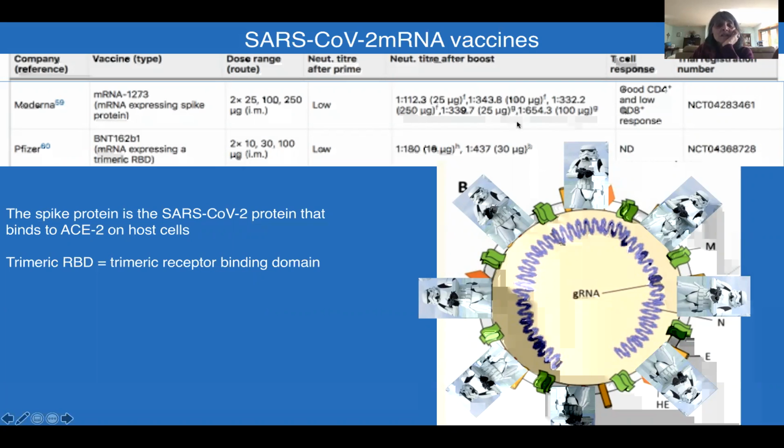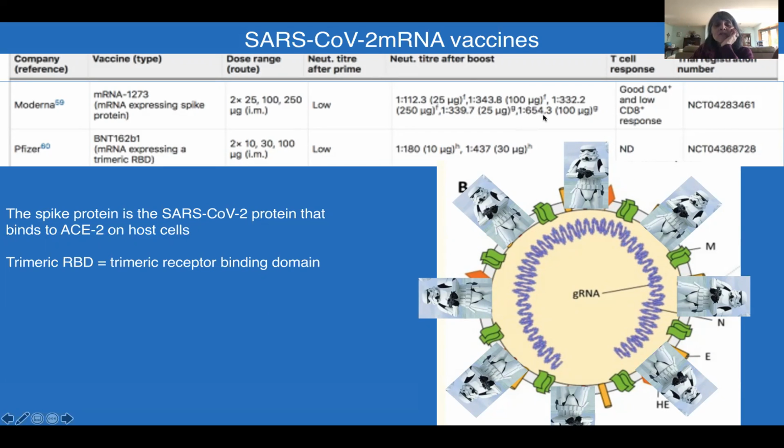So this is called the titer. This tells you how much you can dilute the antibody from somebody's bloodstream. So you've immunized a person with this, and now you take out their blood and you take that serum from the blood and you dilute it and see if it can still bind to the virus and prevent infection of cells.